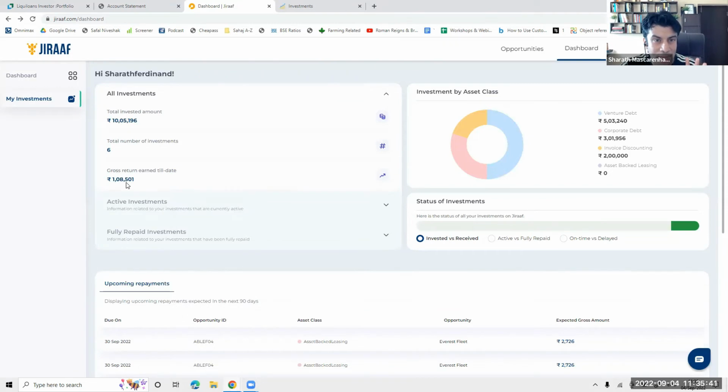Can anybody tell me what my actual returns are? Absolute, I mean, IRR is what we have to look at, but tell me ballpark, what do you think this number will be? Anybody? You can unmute your lines. Okay, more than 10% for sure. That's right, Nagbhushan.